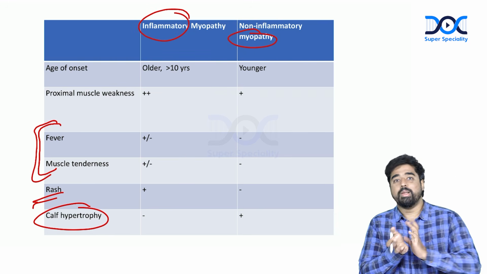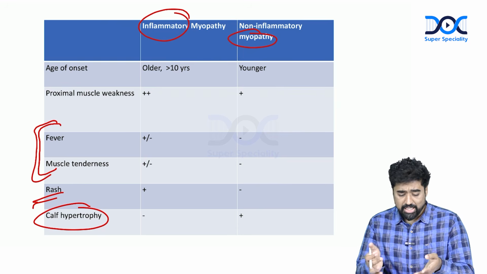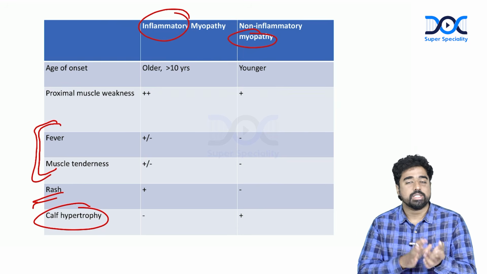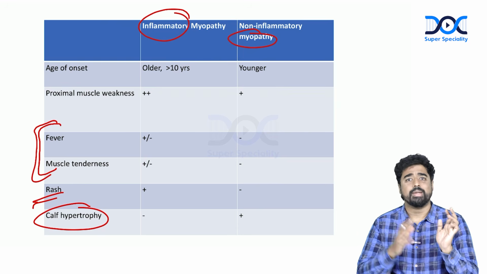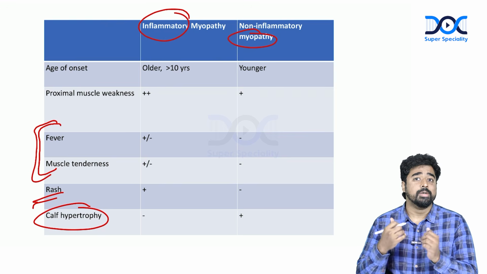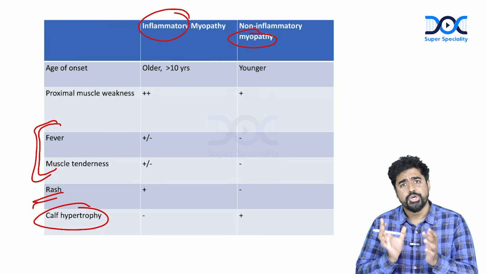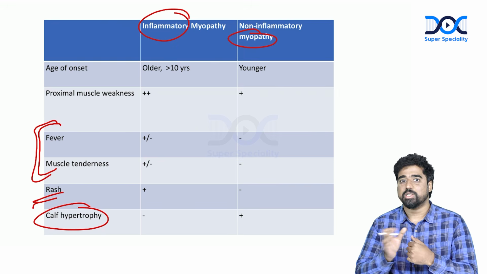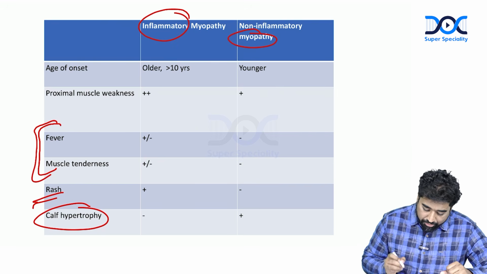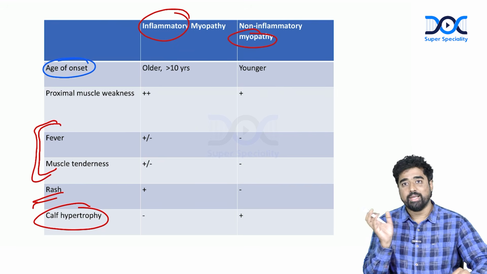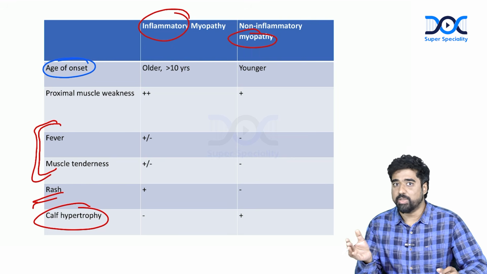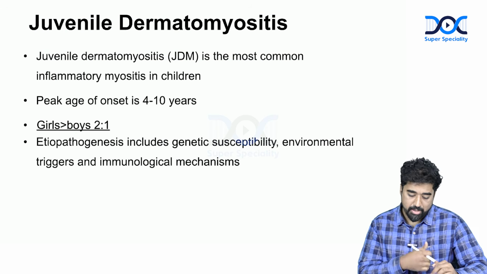Apart from that, proximal muscle weakness. In your non-inflammatory myopathy, there are conditions where proximal predilection is there, but there are many distal myopathies as well, right? So myopathy can be proximal or distal, not very predilected towards proximal musculature. Age of onset, yes, usually your muscle dystrophy is present much earlier than your inflammatory myopathies.